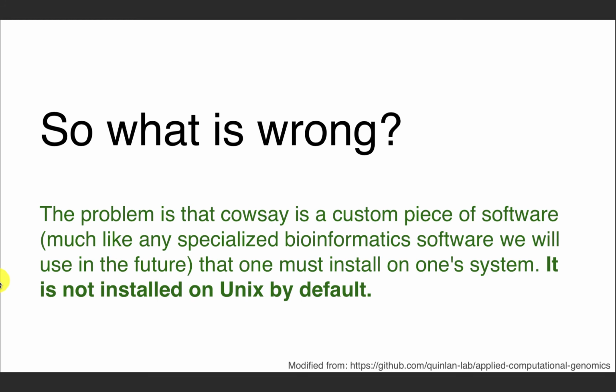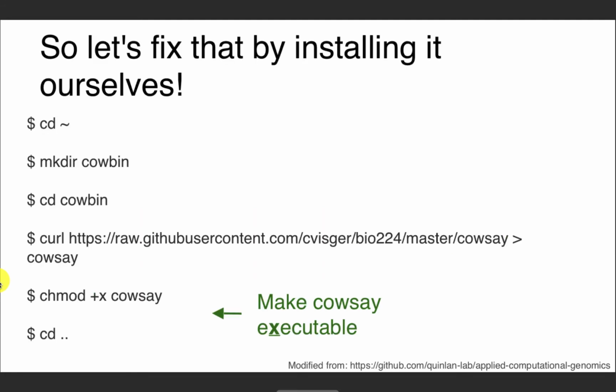When you installed Conda, Conda has its own bin folder, and that's where a lot of these commands are actually being housed. So if we have commands that we want to install that are not part of Conda, how do we go about installing them? Let's do this, because I think this is a nice way of thinking about how the system actually works.